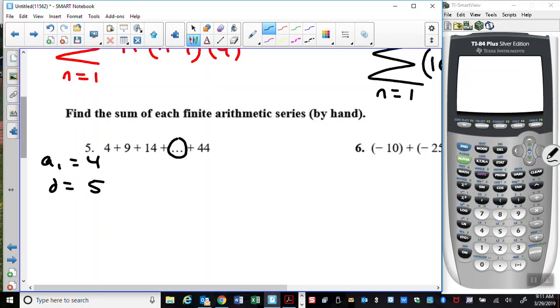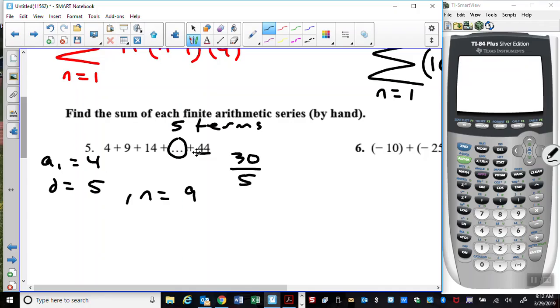This goes from 14 to 44. 44 minus 14 is 30, and the difference is 5, so there are 6 terms from 14 to 44. 44 is one of those 6, so I've got 5 more terms that I don't see. 5 terms that I don't see plus the 4 that I do, that means n equals 9.